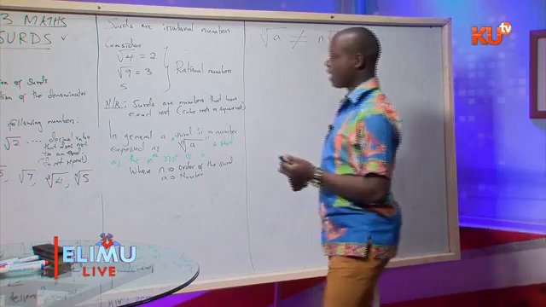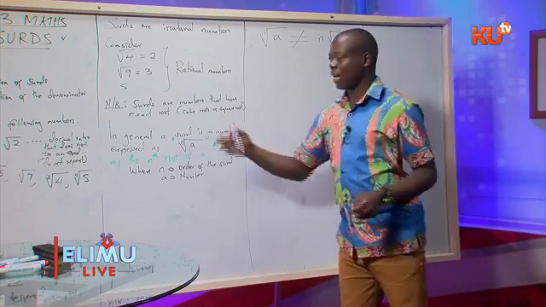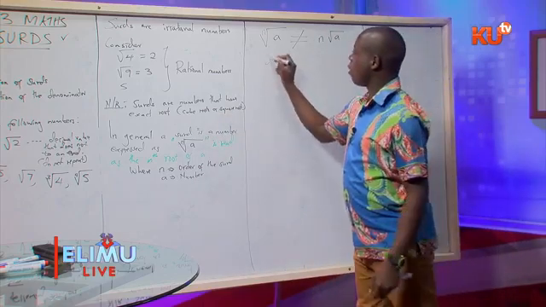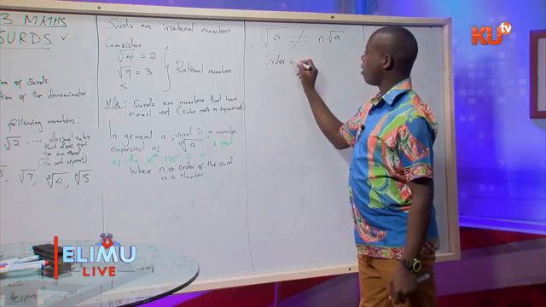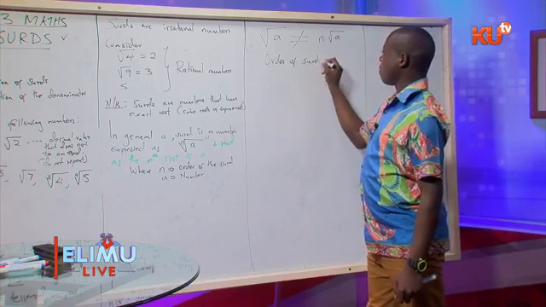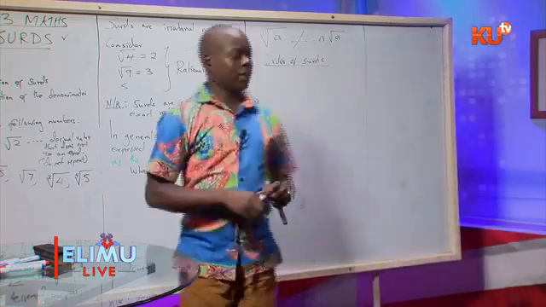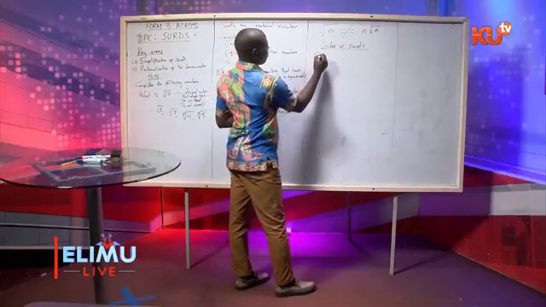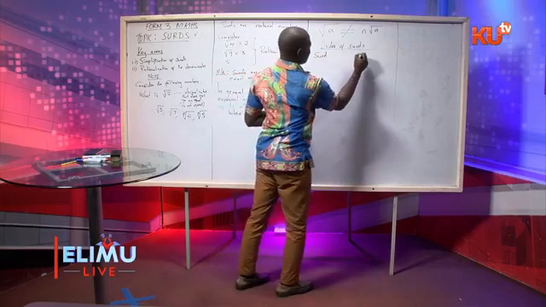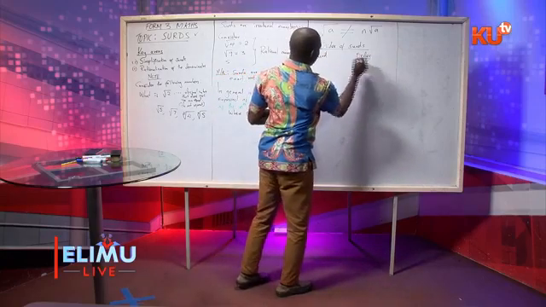And that takes us now to the next part, that once we've known what's a surd, then do we know how to identify the order of surds? The order of surds. It is very simple. If we can have, for example, here the surd, and in this case I have the order.